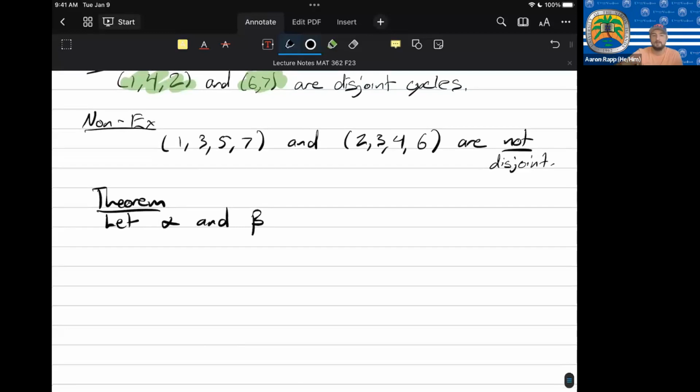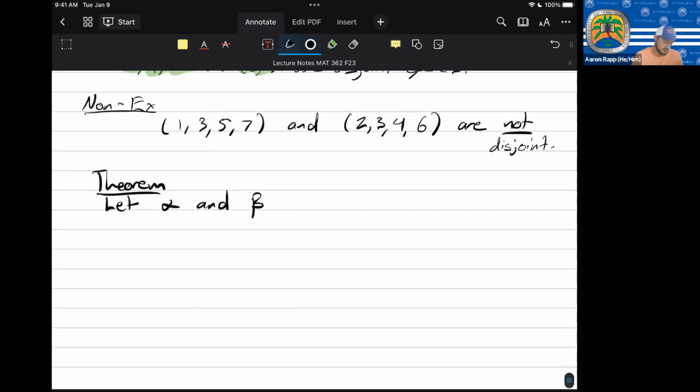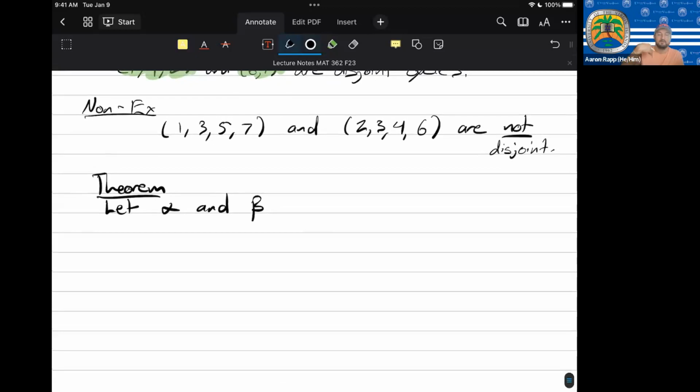But then we saw even in some groups that there are elements that do commute, right? We had the centralizers, we had the center of a group. And it turns out even when it goes to symmetric group or these permutation groups, my apologies, we can still identify specific cases where certain elements will still commute.